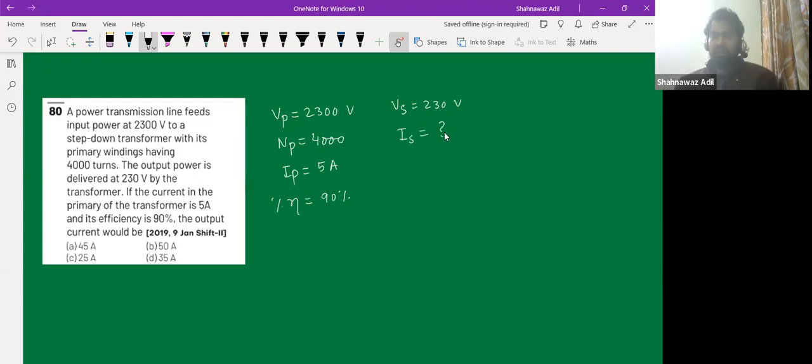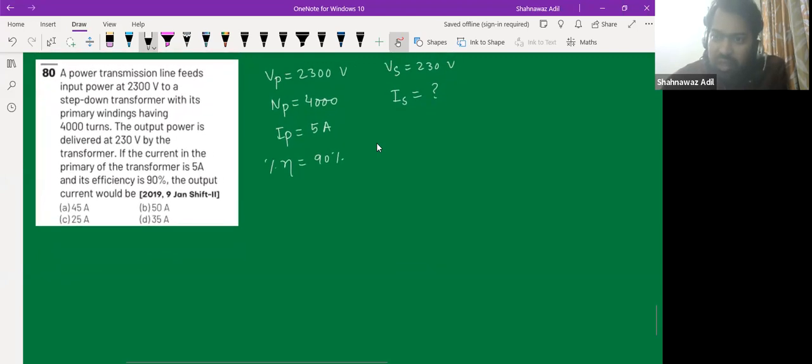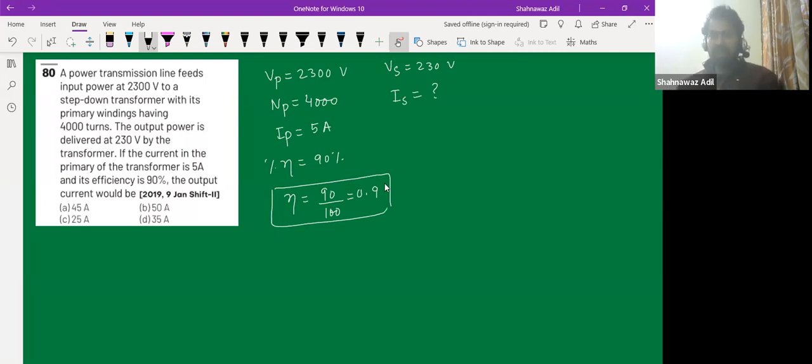We know the efficiency is given in percentage, so we can calculate efficiency as 90 by 100, which is 0.9. And then efficiency is output power divided by input power.